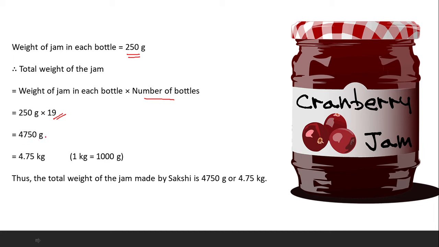If we convert it into kg, divide this by 1000, so you will get 4.75 kg of jam. Therefore, the total weight of jam prepared by Sakshi is 4750 gram or 4.75 kg.